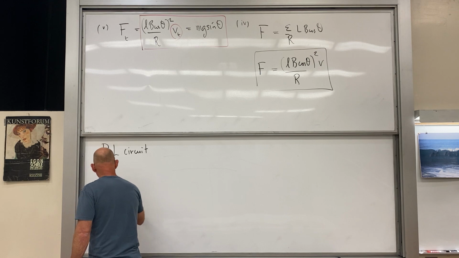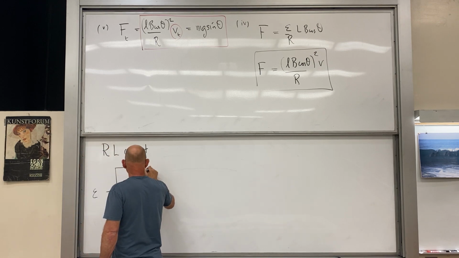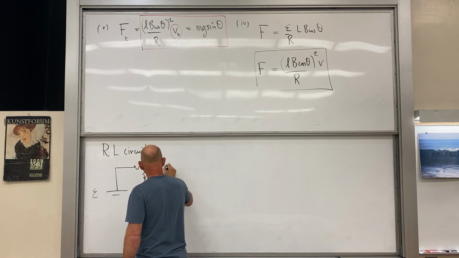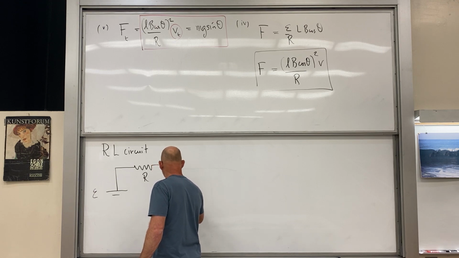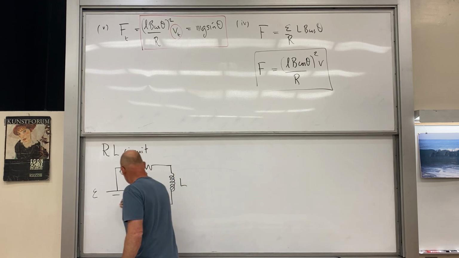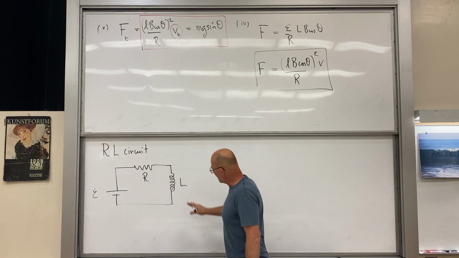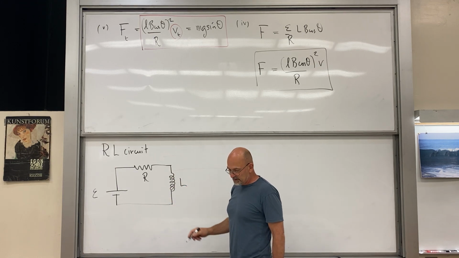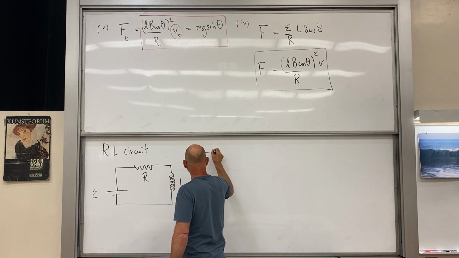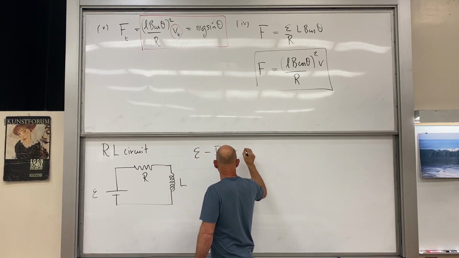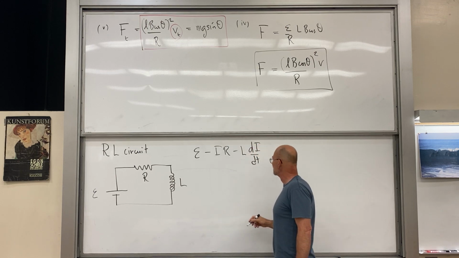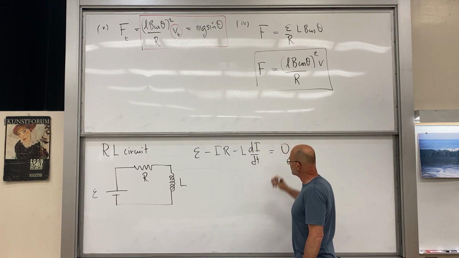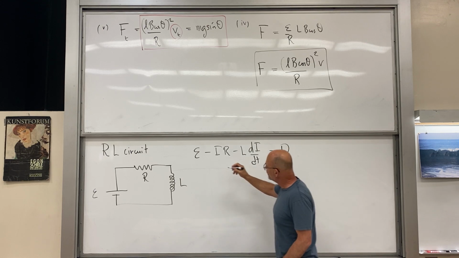We had a battery as our power source, and then we had a resistor, and we had L. Okay, and we applied Kirchhoff's law once around: E minus IR minus L di/dt is equal to 0. So we're going to do two things with this equation.